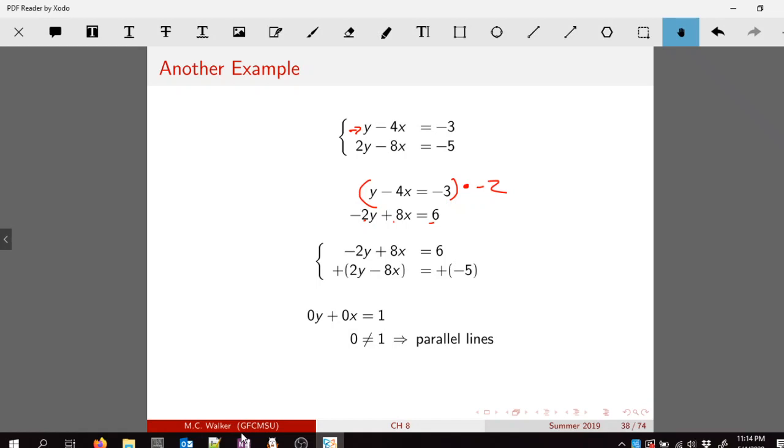Add that to my bottom equation. The y's cancel out, the x's cancel out. I'm left with 0 equals 6 plus negative 5, so 6 minus 5 is 1. Huh. 0 equals 1. That's not true. These are parallel lines.